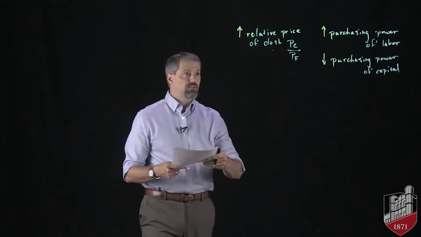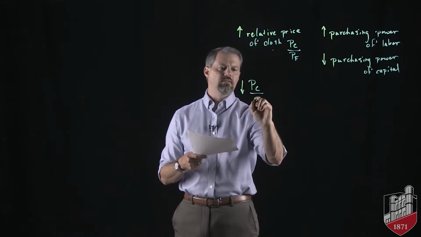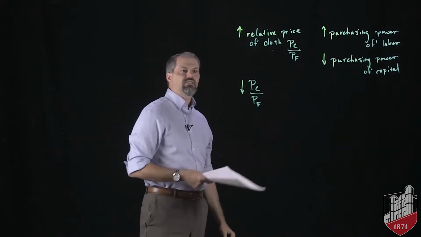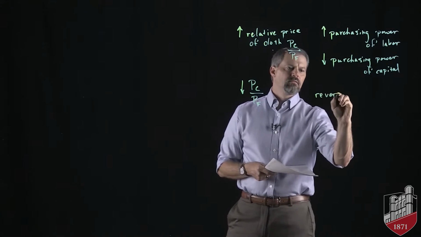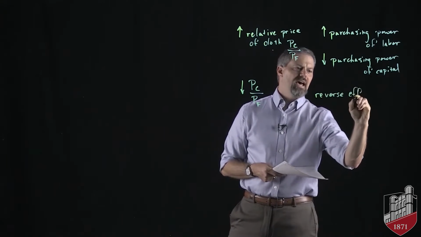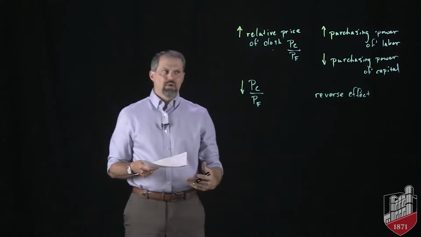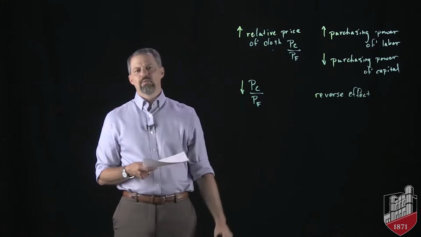If we think about what happens in foreign, we have a decrease in the relative price of cloth. And so we're going to get the reverse effect. What will be happening in foreign when trade is opened up is that capital owners would be made better off and labor would be made worse off.